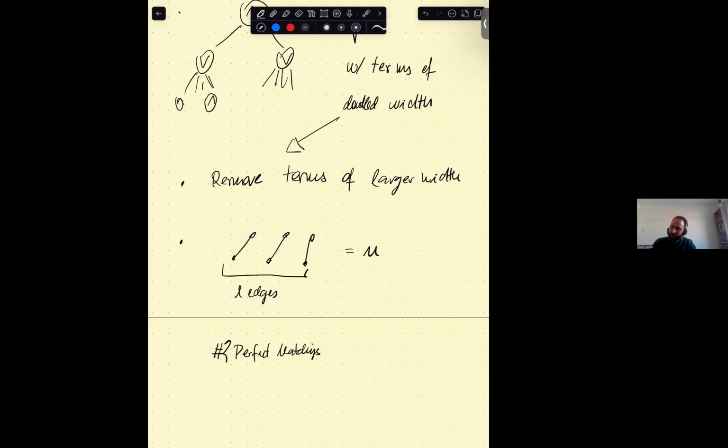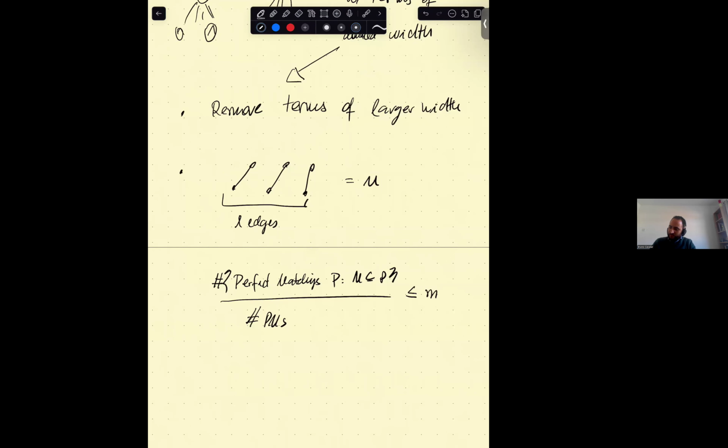This is going to decrease exponentially with L. So if your terms are too big, with too many edges, this is exponentially small, so you don't make a lot of mistakes when removing those large width terms.